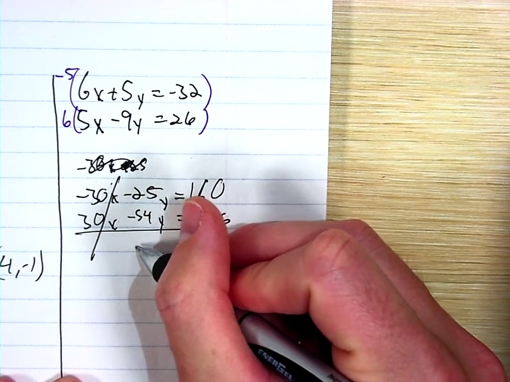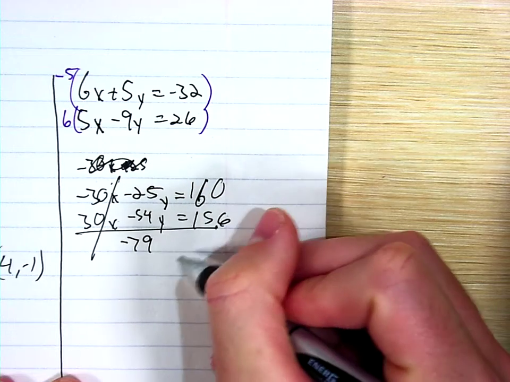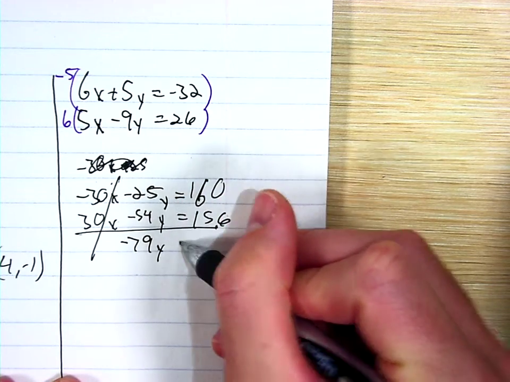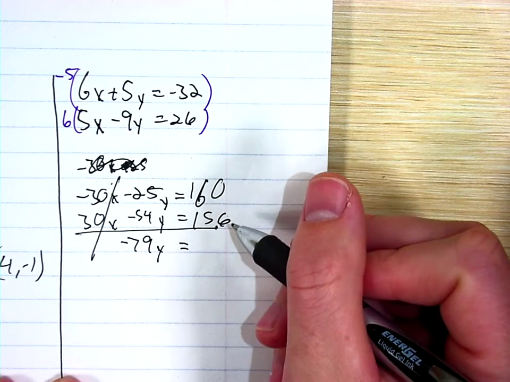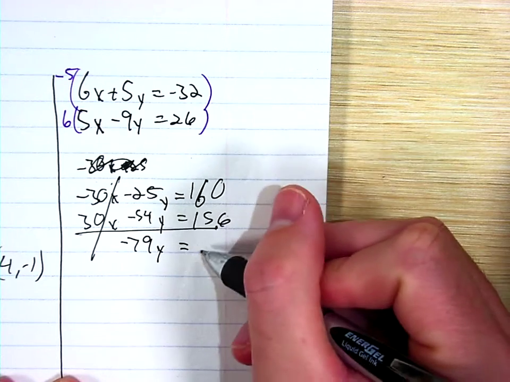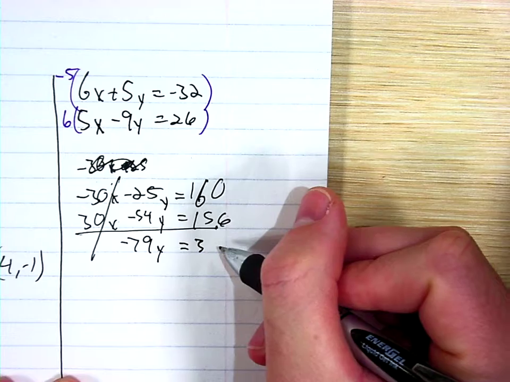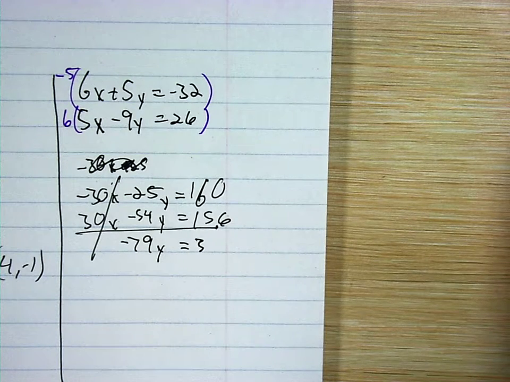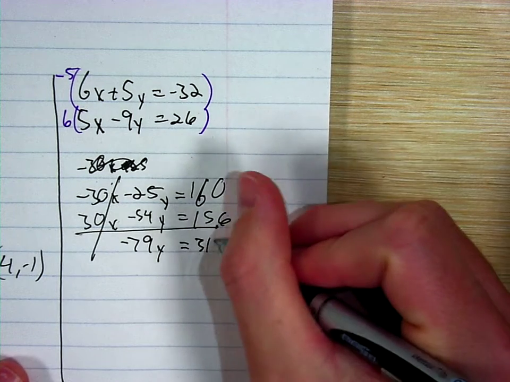Then we'll have negative 79y and we'll have 300, oh, it's too early for this, 316? 316.